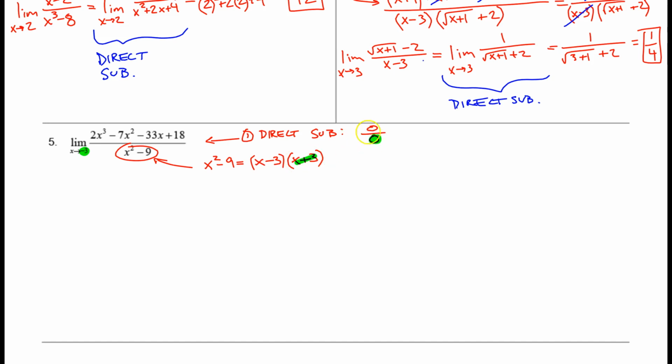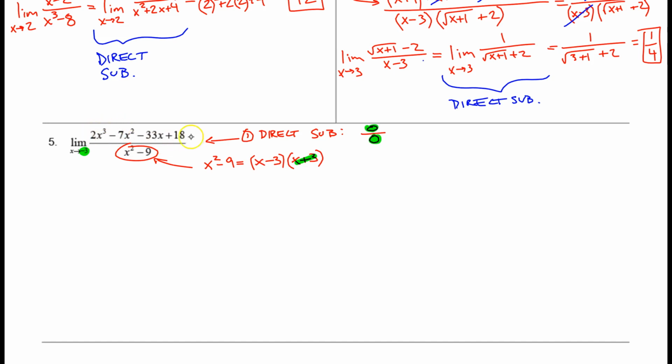Well, if I get a 0 in my numerator, then x plus 3 also has to be a factor of that numerator. So let's divide out the numerator by x plus 3 and see what happens. In fact, I'm going to set up the synthetic division for that to see what our remaining factor is.